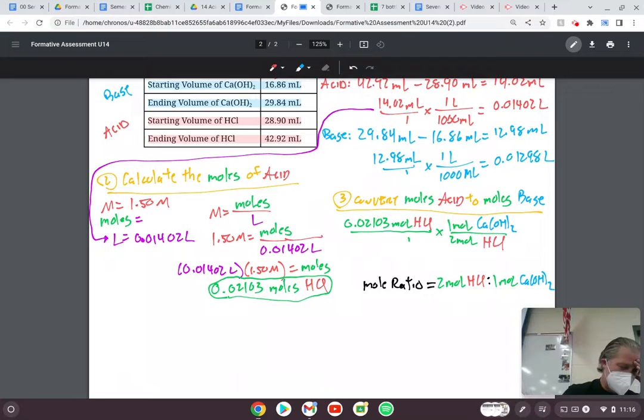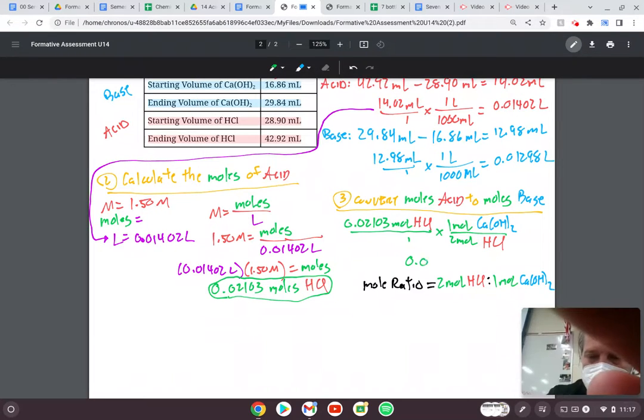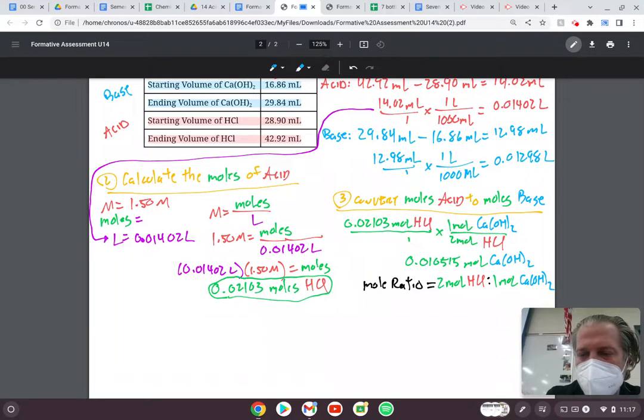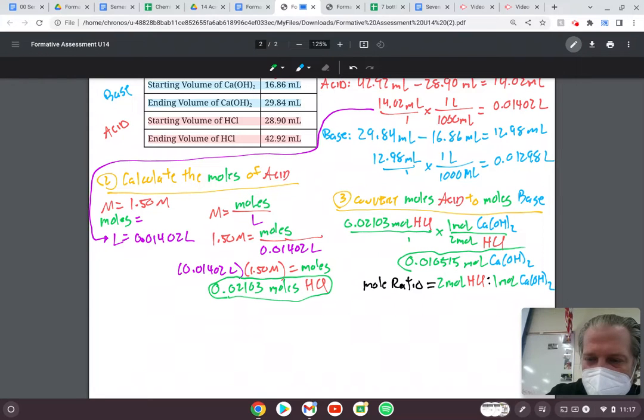I'm going to take the 0.02103 divided by 2. And my answer here is going to be 0.010515 moles of calcium hydroxide, or CaOH2. So that's going to be my answer for that step.